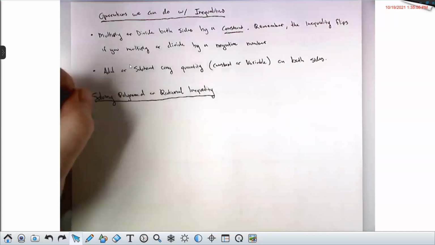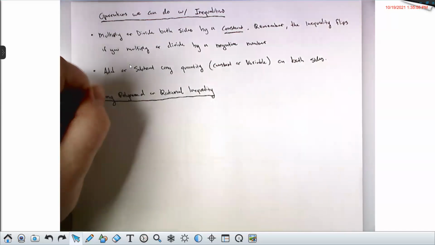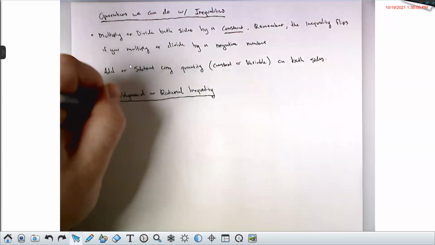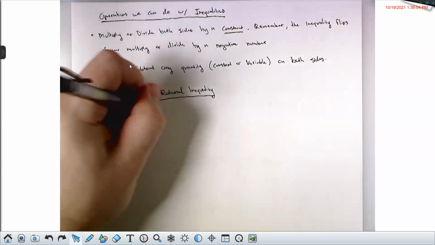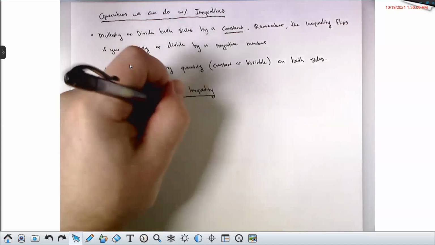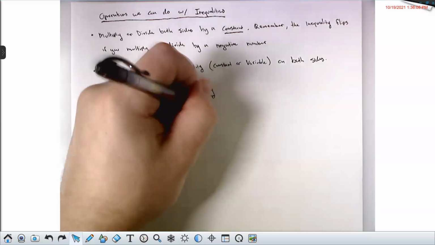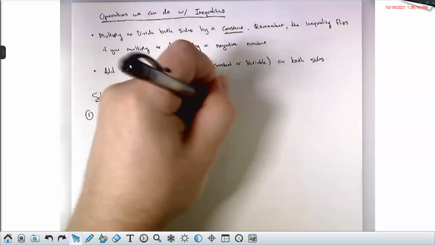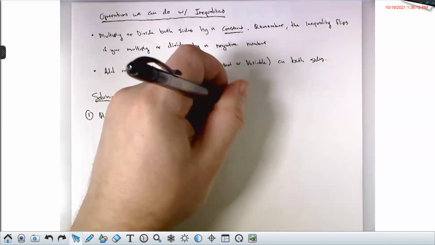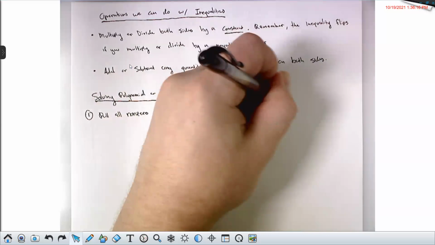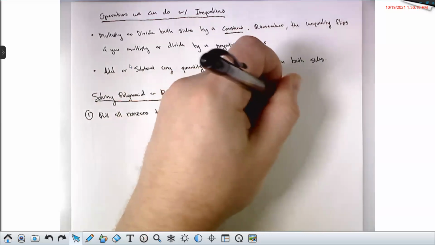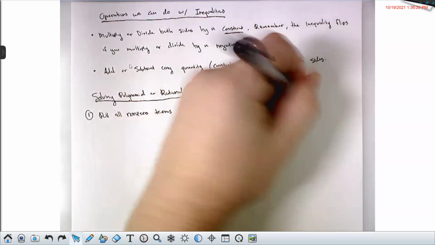Here's what you do. First, pull everything to one side. Pull all non-zero terms to one side, making the other side zero.